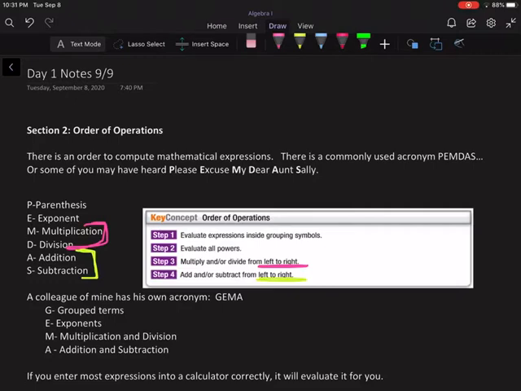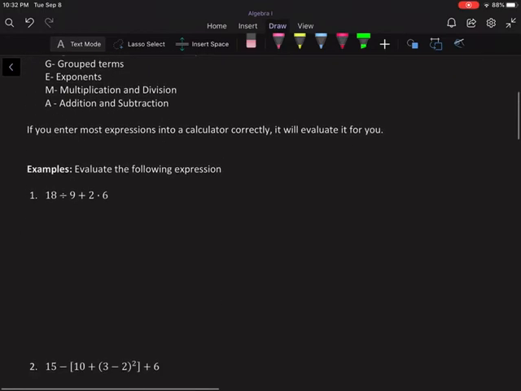And so that's why he puts M. Multiplication and division, left to right. And then addition and subtraction. So whichever one you like to use, just always make sure that addition and subtraction, multiplication and division, they go left to right.